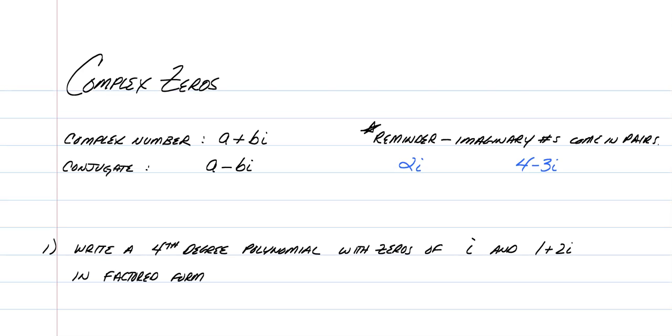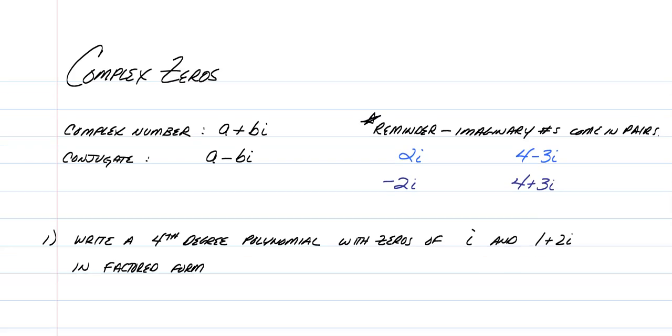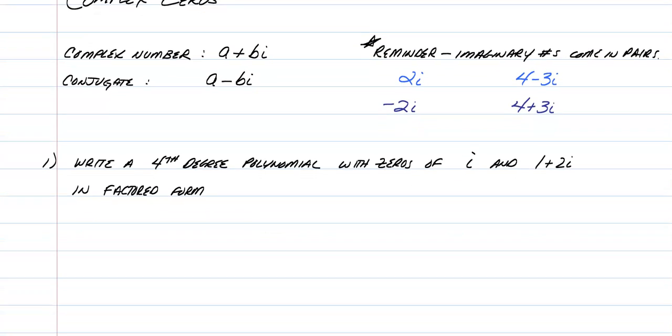So we would have a negative 2i that goes along automatically with a positive 2i, and a 4 plus 3i, which is known as a conjugate, where you just switch. You have your plus and minus for your i's. But we have to remember that imaginary numbers always come in pairs, because we're going to be doing a variety of problems that require you to know that information.